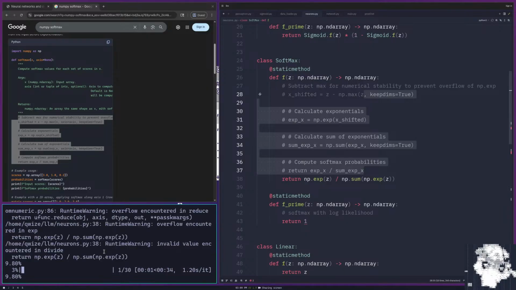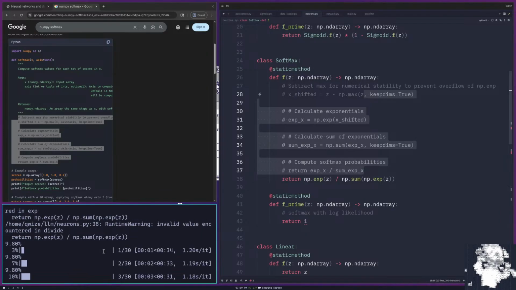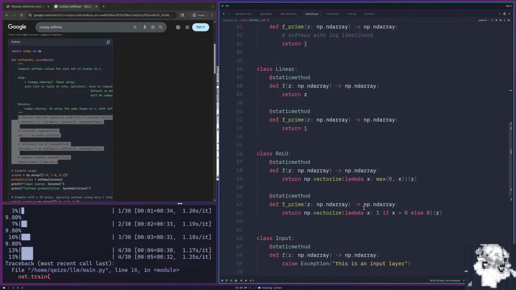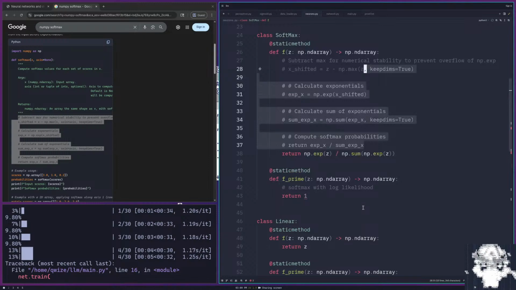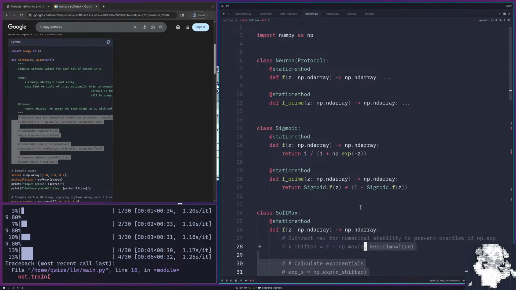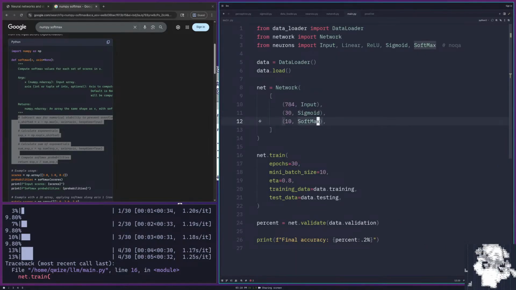No. I thought I had Softmax working a minute ago.